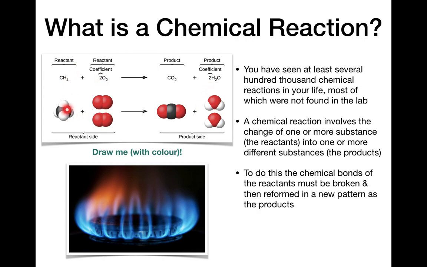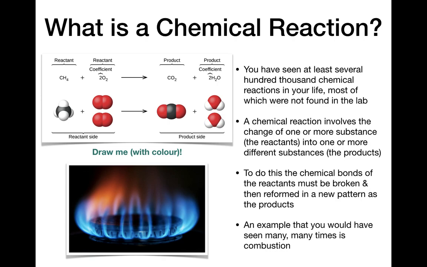So the bonds between the hydrogens and the carbon are broken apart. And then bonds between the carbon and two oxygens are formed to make carbon dioxide. And those hydrogens then form bonds with oxygens to make waters. So we're breaking bonds and making new bonds.